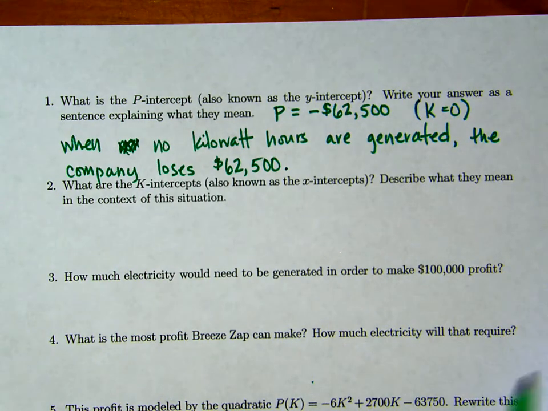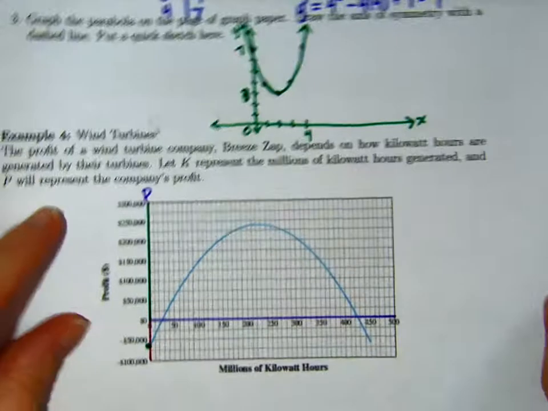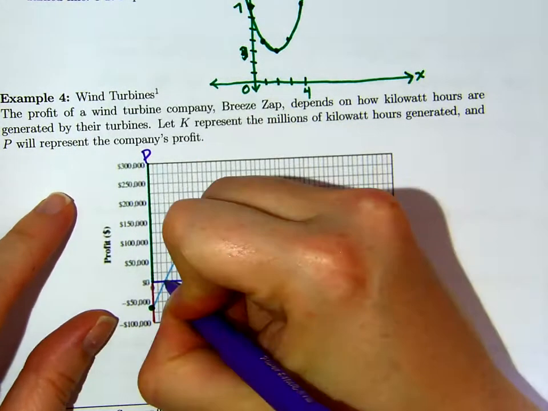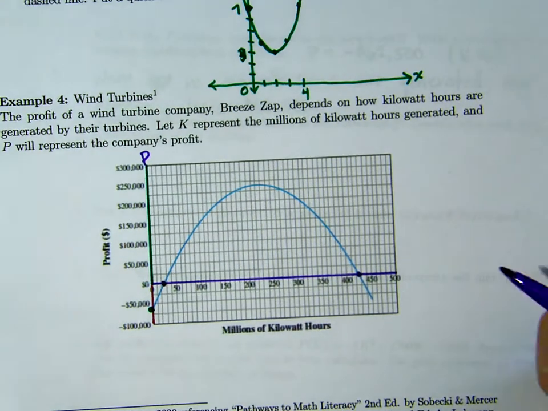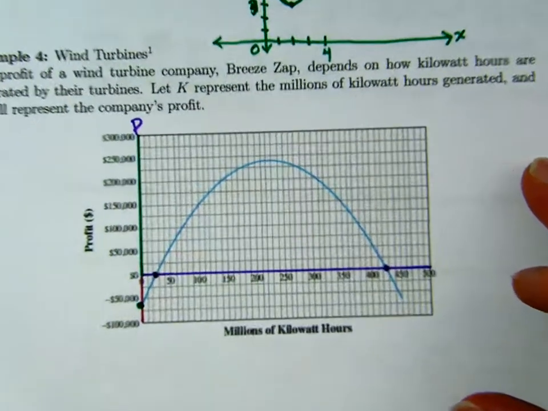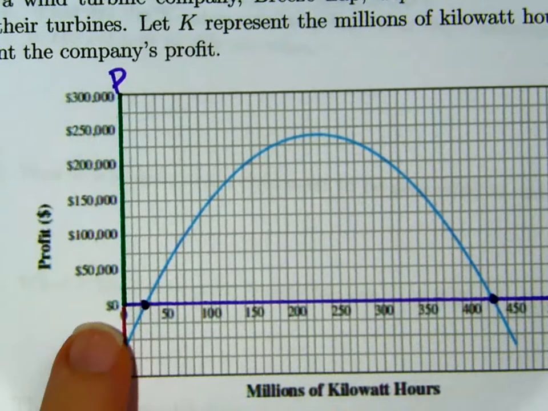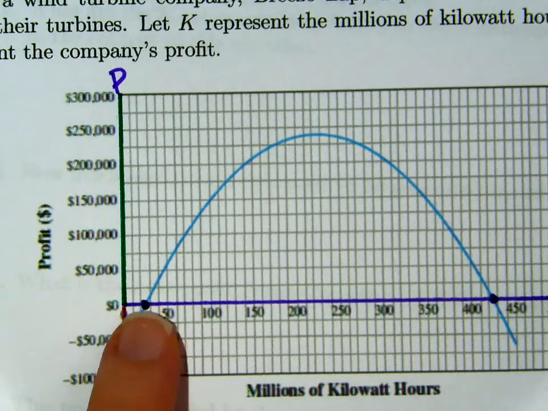What are the K-intercepts? Ooh, it's plural. Going back here, I see here's one right there, and here's another one right there. Let's zoom in on that. All right, first of all, the profit is 0.